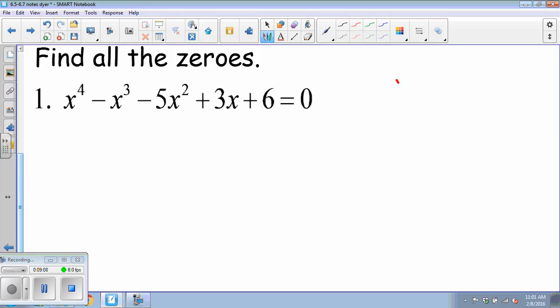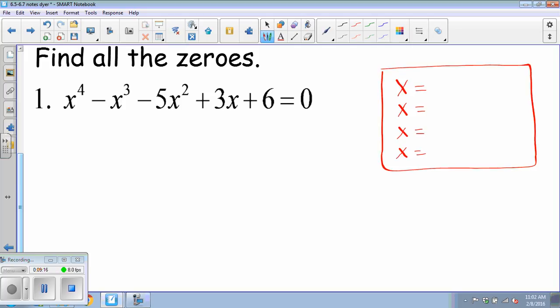So we'll have x equals, x equals, x equals, and x equals. This will be my final answer once I figure out what all 4 of those solutions are. Okay? So let's go get the easy ones. Let's get our calculator to tell us as many of those as we can. So go put this in your calculator and go look at the table and figure out. Let's find the easy solutions.